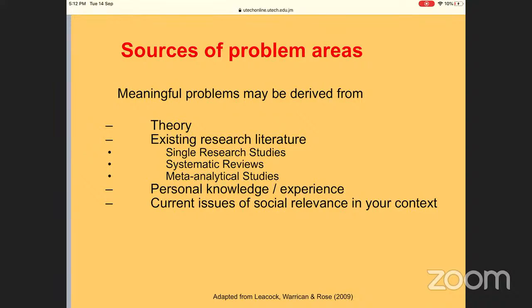Can anybody tell me what is the difference between a single study, a systematic review, and a meta-analytical study? We've gone over this briefly. Anybody can make an attempt? We have 42 people here, more or less.